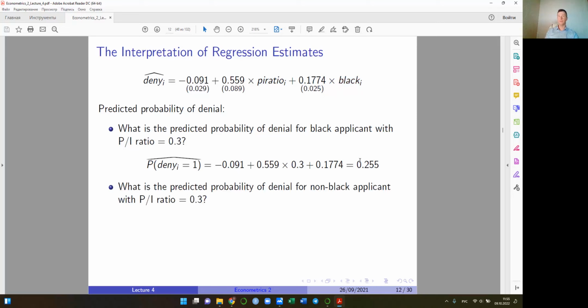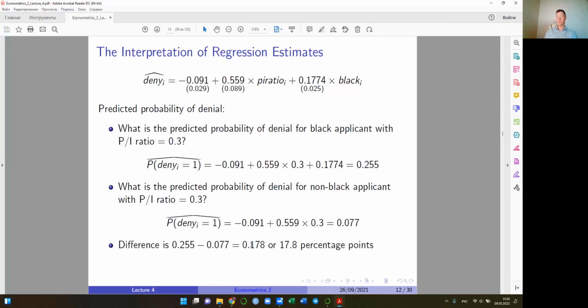Once we do the same for a non-black applicant, we see that there is only a 7.7% chance that a non-black person with PI ratio of 0.3 has her application rejected. So the difference is 17.8 percentage points, and this difference is statistically significant.